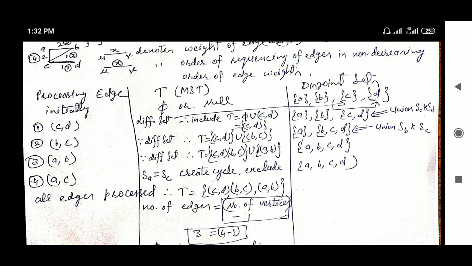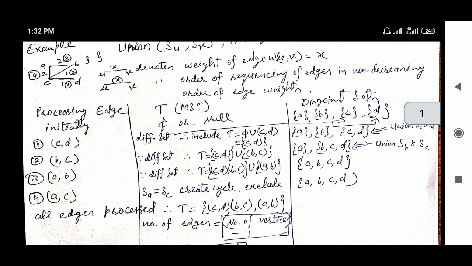So now in the fourth step, if we try to find out whether we can include edge AC or not, we can easily find that the set of A and set of C are the same, which is the only remaining disjoint set ABCD. So it will create a cycle to include this edge AC. So T will not be modified.